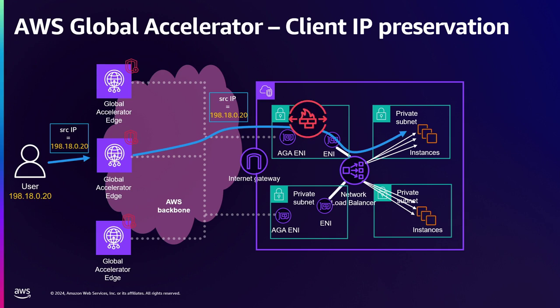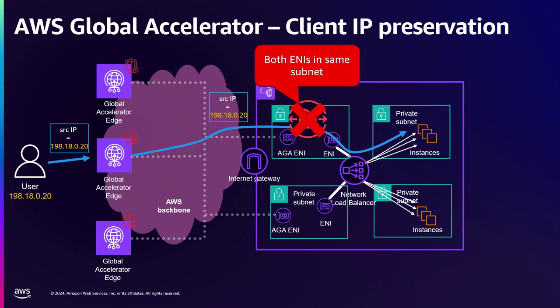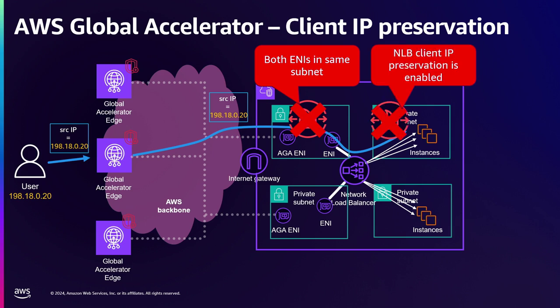But what if we want to do firewalling? We can't really put a firewall or firewalling stack in between the Global Accelerator ENI and the network load balancer, because they're in the same subnet. We know we can't have a firewall between the network load balancer and the backend instances when client IP preservation is enabled on the network load balancer. So what can we do?